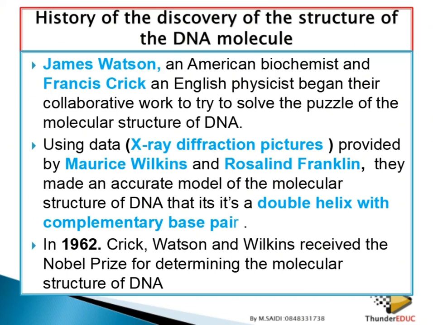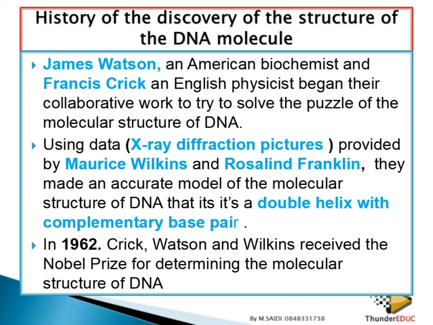Watson and Crick met with Wilkins. Wilkins showed Watson and Crick the X-ray picture of the DNA molecular structure. And then from there, Watson and Crick concluded that the DNA molecule is a double helix and it has bases that come in pairs.